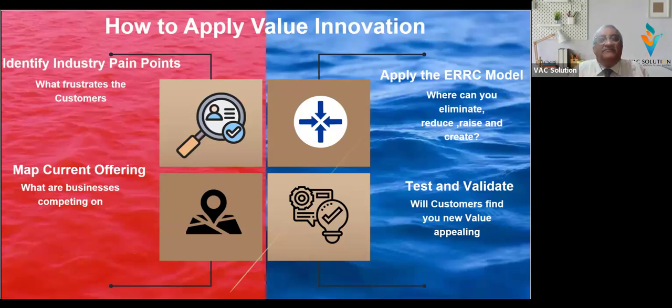Like when we saw the automobile Red Ocean, what did we see? What were Toyota and Honda competing on? Fuel efficiency, features, price, right? Now, supposing you can eliminate these 3, what happens? Now, what did Tesla do?